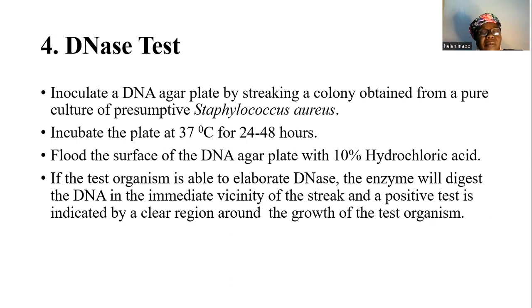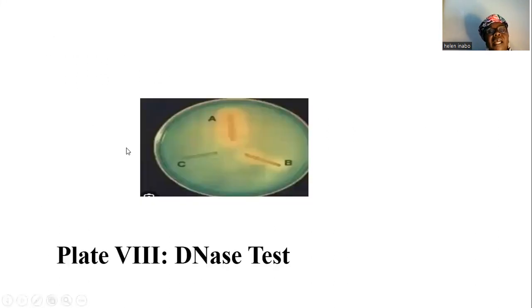After incubation, the surface of the DNase agar is flooded with 10% hydrochloric acid. If the test organism is able to elaborate the enzyme DNase, the enzyme will digest the DNA in the immediate vicinity of the streak, and a positive test is indicated by a clear region around the growth of the test organism. This can be seen in this plate.